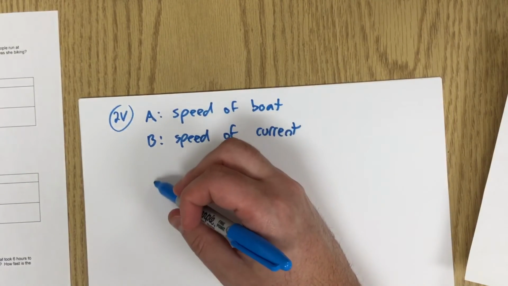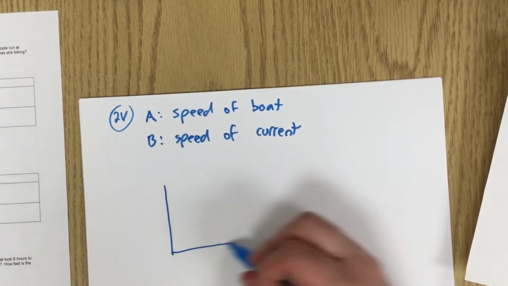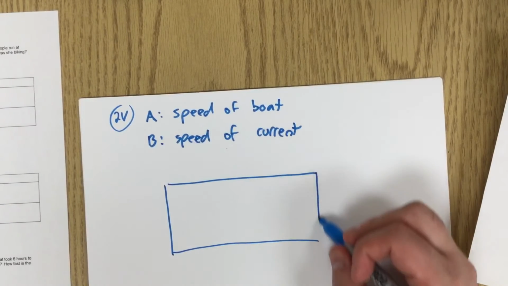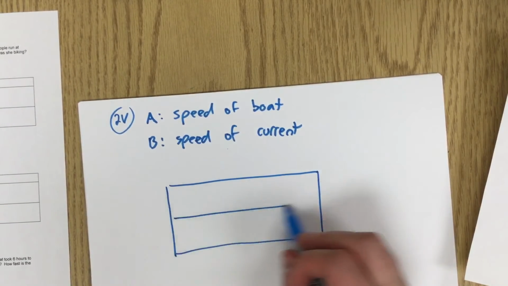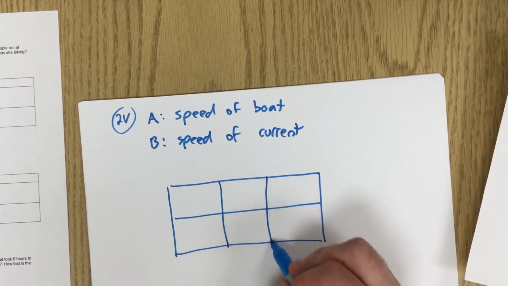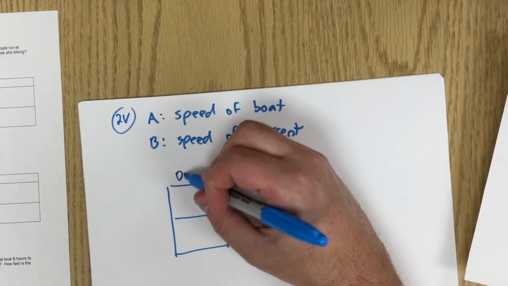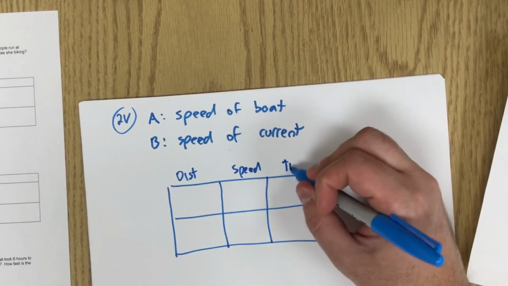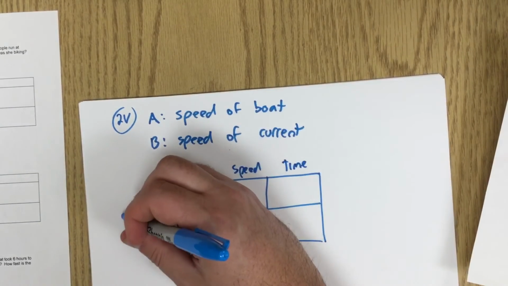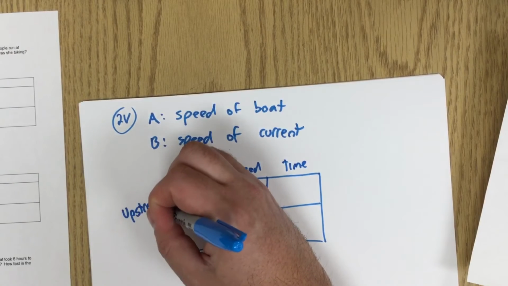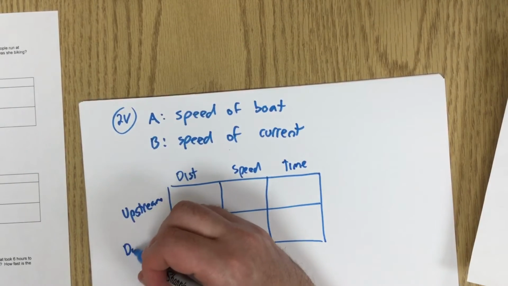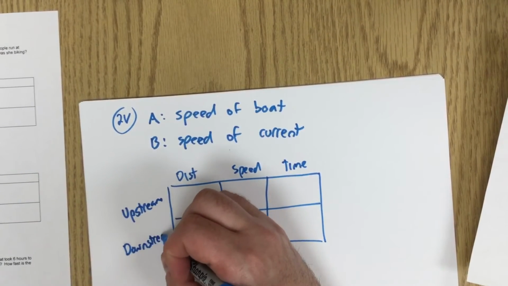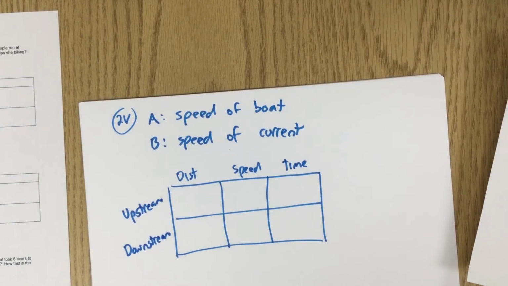So we're going to make one of those tables again. So distance, speed, time, upstream, that means against the current, and downstream.